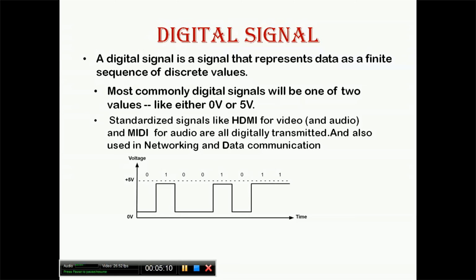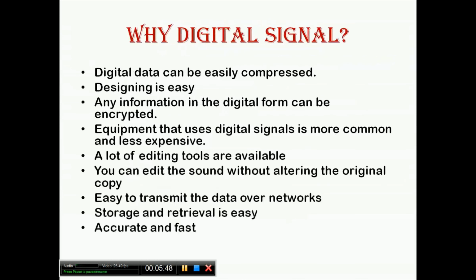Again 0 voltage means 0 bit, 5 voltage means 1 bit, again 0 voltage means 0 bit. So these are the discrete values. Most commonly the digital signal will be one of these two values, 0 voltage or 5 voltage. Standardized signals like HDMI for video and MIDI for audio are all digitally transmitted, and these digital signals are also used in networking and data communication in networks.